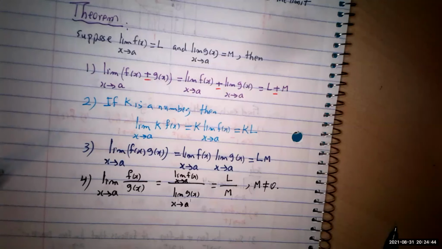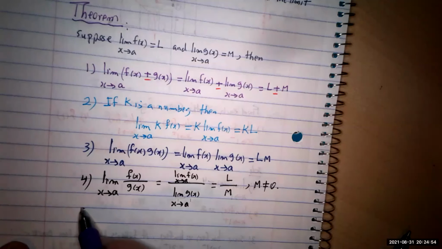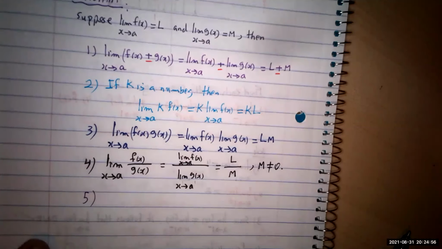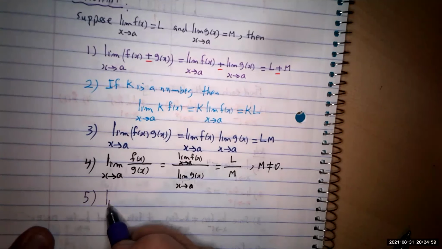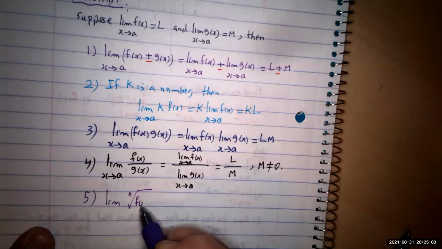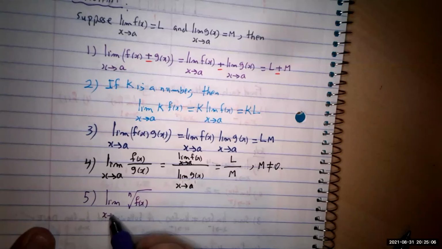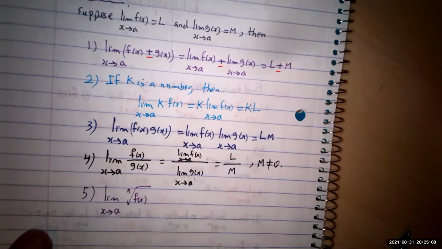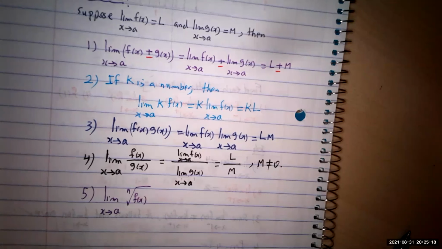So we took care of all the operations, but how about other operations, like if you have a radical? How about if you want to find the limit of the nth root of f of x when x goes to a? Again, you take the limit inside. If you stop outside the radical, you can't do anything about it.